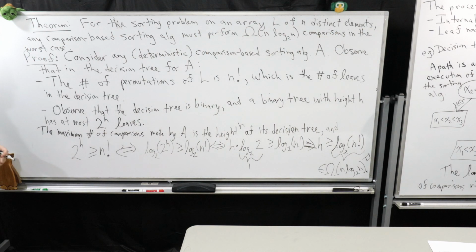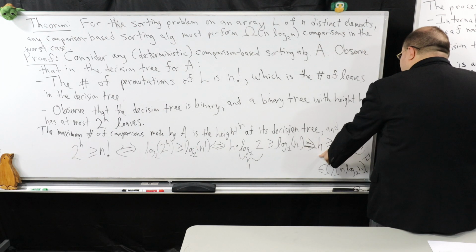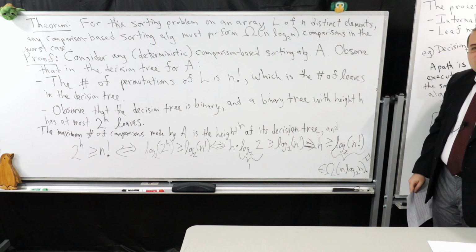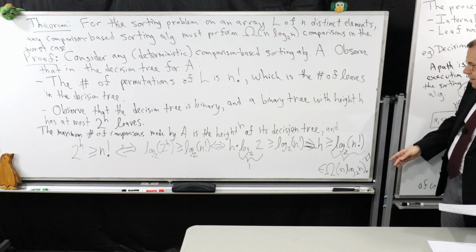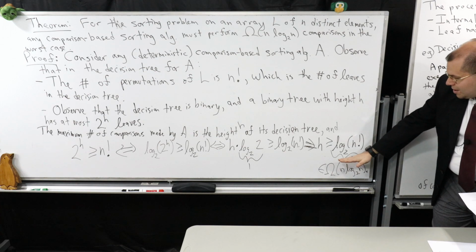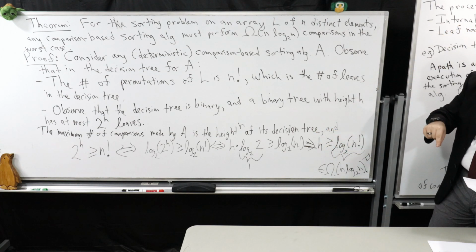Yes, yes. So in the worst case, what you could say is the height of that tree is going to be at least log base 2 of n factorial. Yeah, because remember, this is saying that h is greater than or equal to this. So explain the last part again. Sure. So when I'm doing this, I'm trying to derive a relationship between h and n.